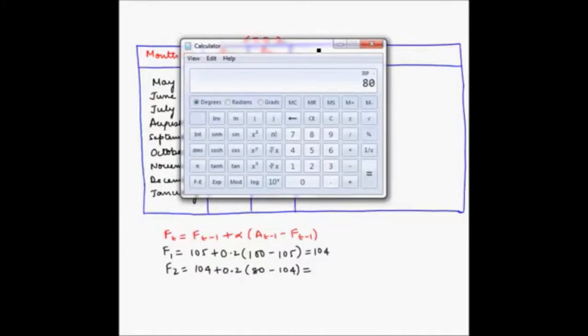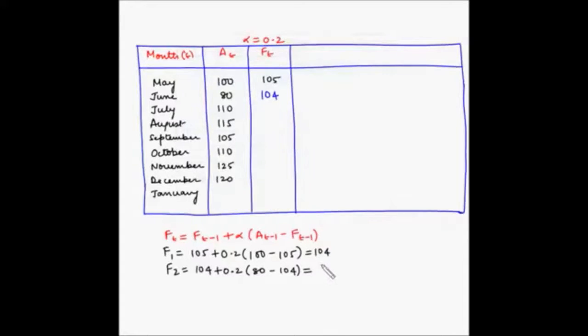So 80 minus 104 multiplied by 0.2 plus 104. So this is 99.2, which can be rounded off to 99, and we can note the same here.